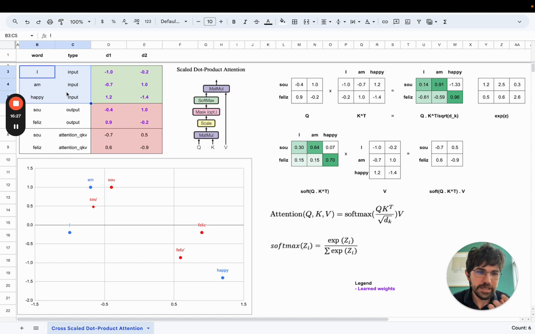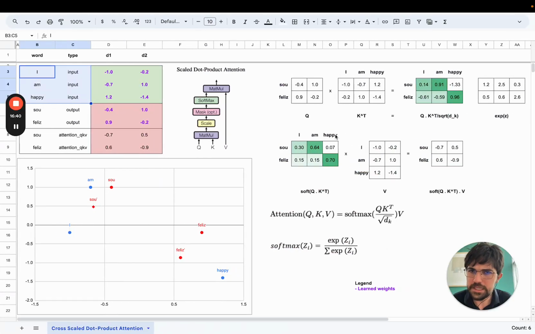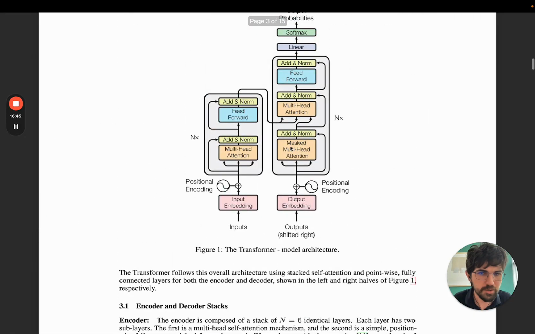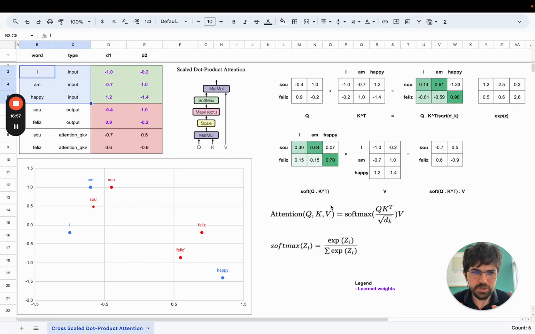The only difference from what's implemented in the paper is that there will be those linear multiplications, and also in this case we don't have masks, but there will be some attentions that will have masks, or attention components that compare the words with themselves. But yeah, that's it. I hope it was helpful to give some intuitions.